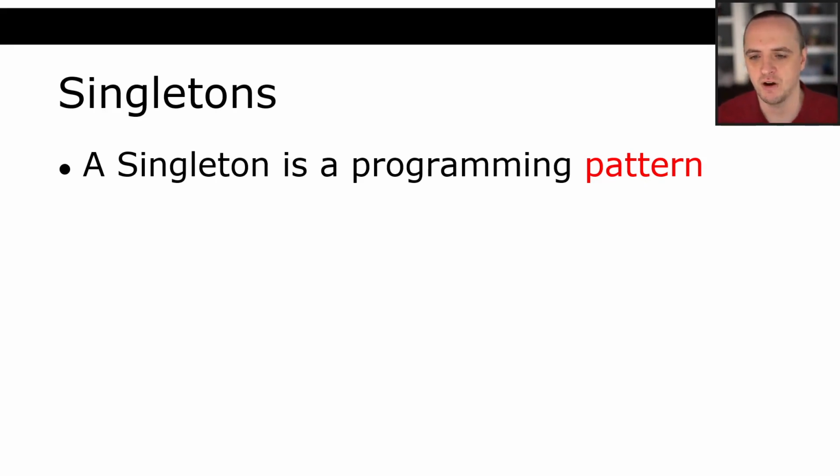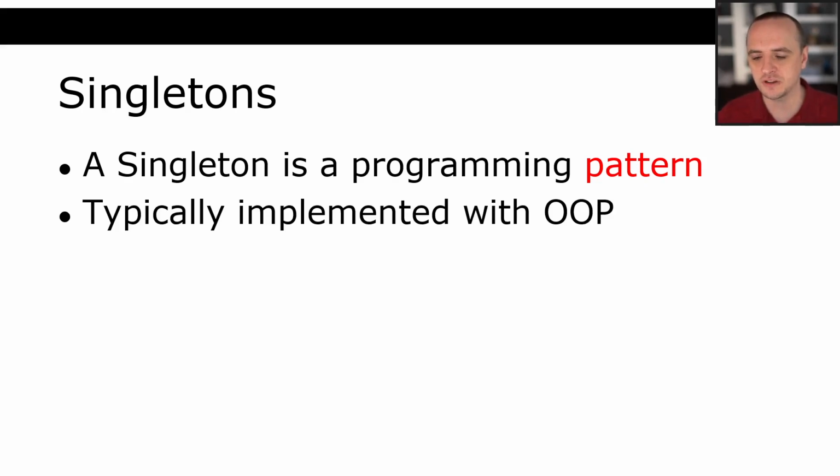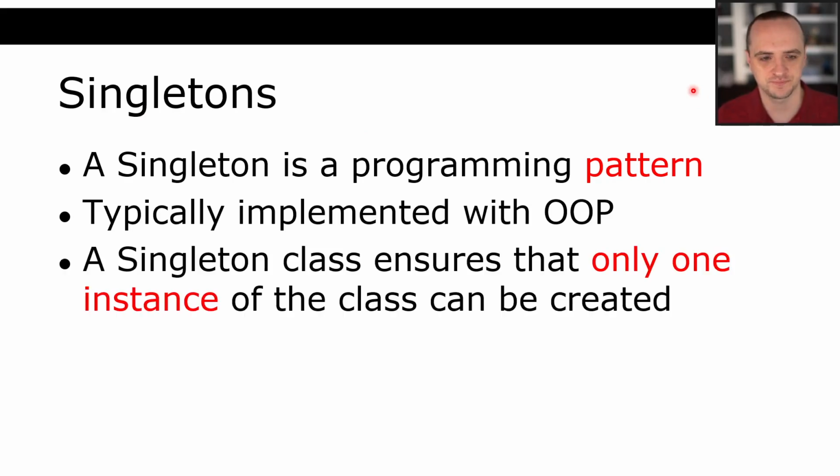Coughing today. All right, so a singleton is a programming pattern, meaning it's a type of thing. It's not a data structure. It's a way of programming a class, for example. So it's typically implemented with some sort of object-oriented programming. In a programming language that uses OOP, typically we implement singletons as an object.